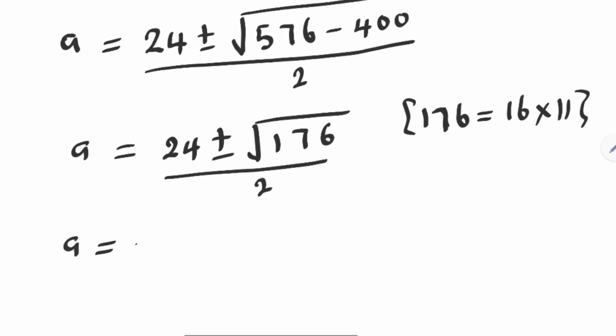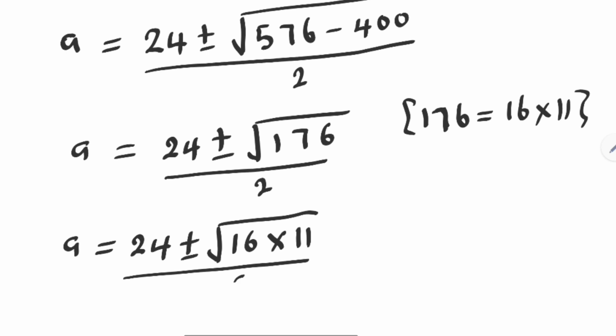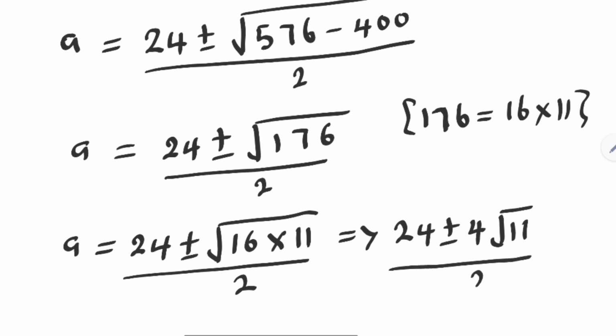A is equal to 24 plus or minus square root of 16 multiplied by 11, divided by 2. This can be written as 24 plus or minus square root of 16, that is 4 root 11, divided by 2.